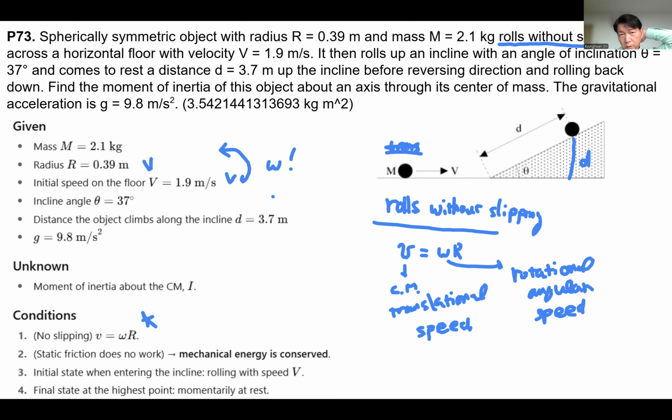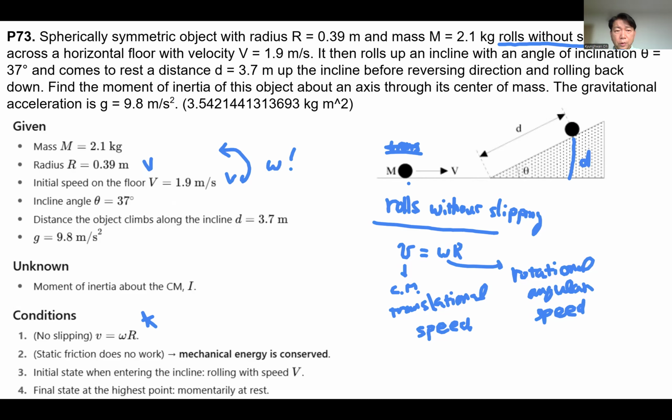And then the next thing is that it goes up this hill, and then it stops. That means all the initial energy, both translational and rotational, is going to change into gravitational potential energy. So initially the potential energy level is 0 compared to this one.